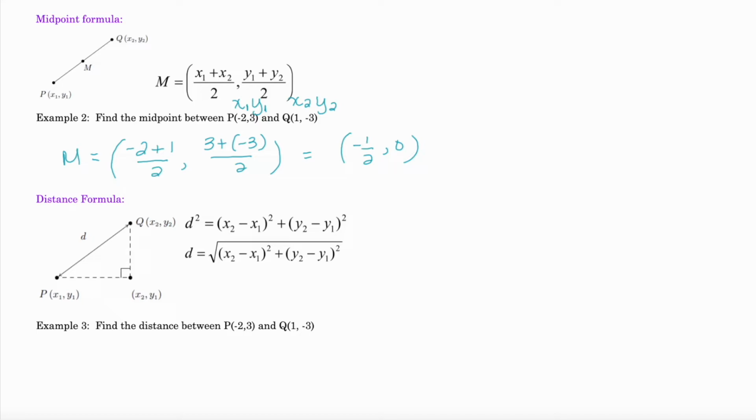Our distance formula, some of you may be familiar with Pythagorean's theorem, so it is derived from the Pythagorean theorem. Where the distance squared is equal to the difference between our x values squared plus the difference of our y values squared.